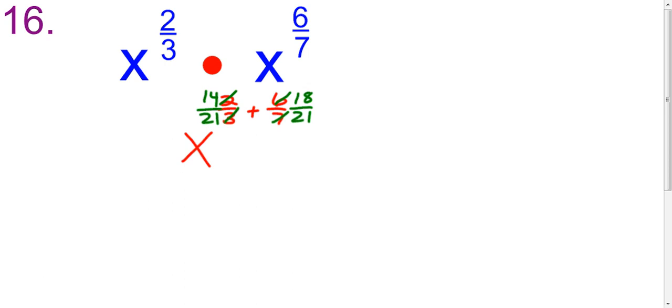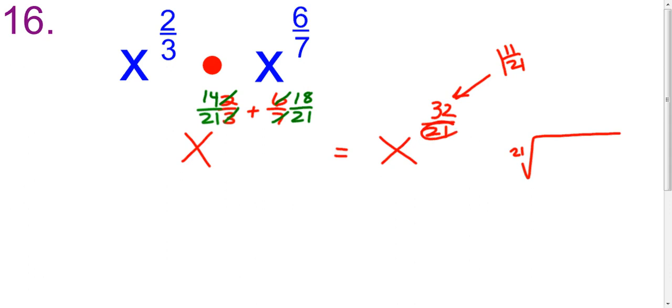Now, if I add these, I have 14 plus 18, which is 32, over 21. Again, when you add fractions, you don't change the denominator, you just leave it. Just so you know, as a mixed number this is 1 and 11/21. So what happens then is I know that I have the 21st, this number is my index.